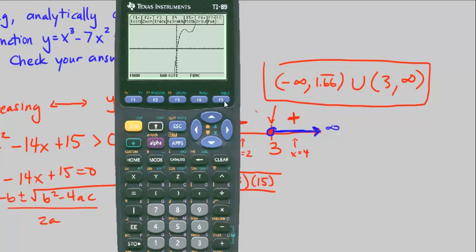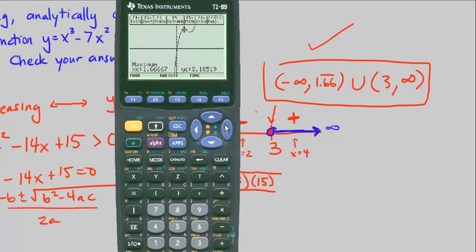So I can test those points using the maximum feature, right? I could get this point looking at the maximum of this region right here. My calculator tells me at 1.6667 exactly that's where it stops. So from negative infinity to 1.667. So this region is correct.